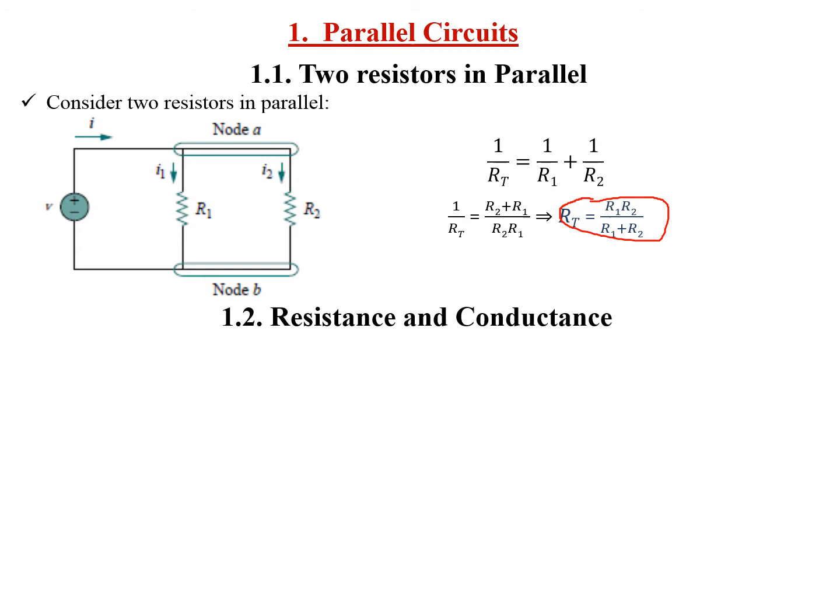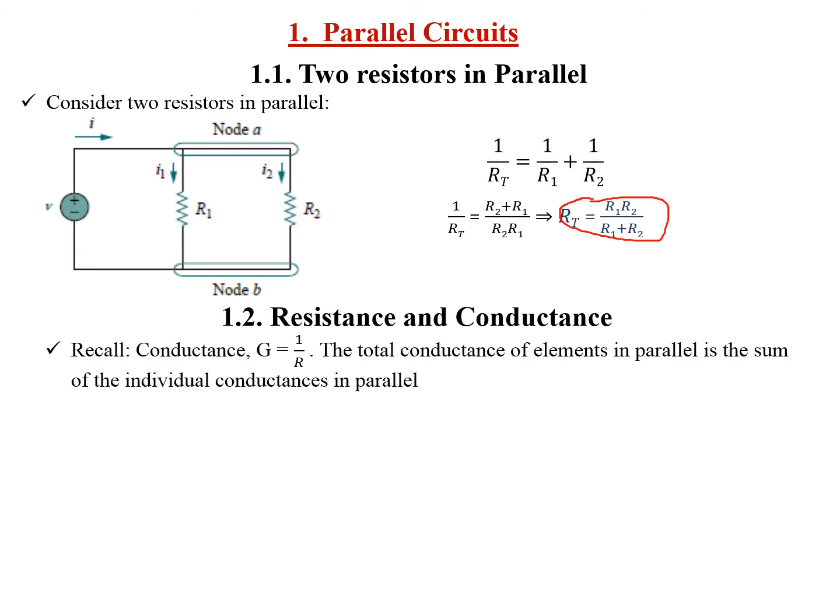Now, there's also an inverse of resistance, which is called conductance. If we call conductance G, then G is 1 over R. That means if you know the total conductance, you can also know the total resistance. So 1 over RT becomes equal to the total conductance, which is 1 over R1 up to 1 over Rn.